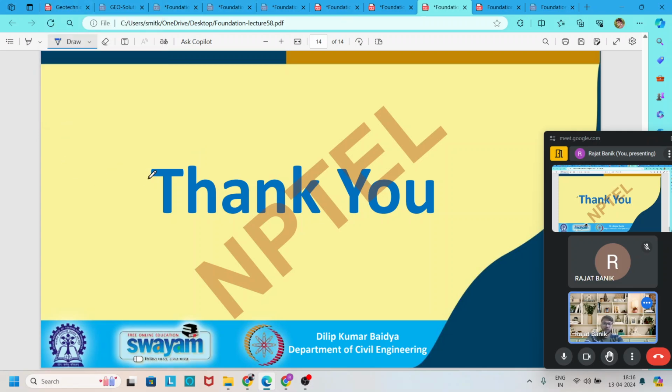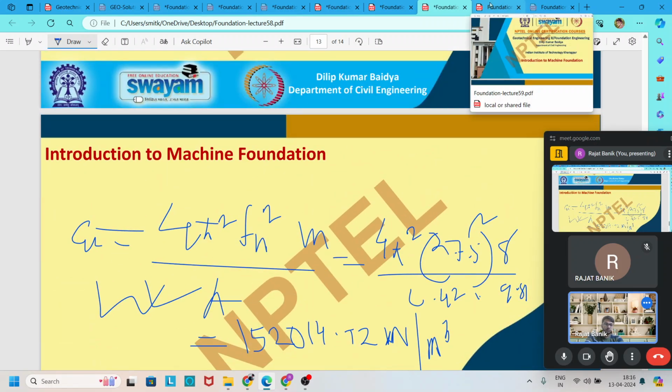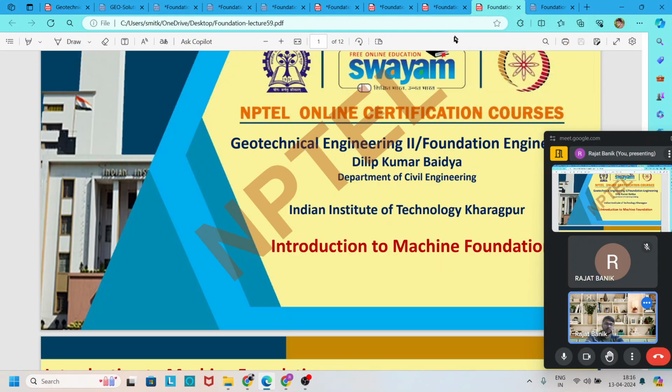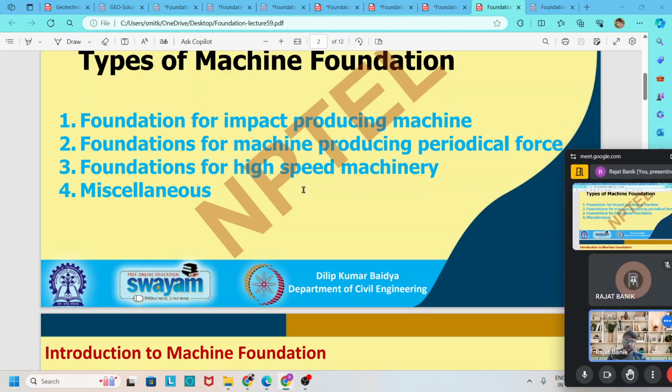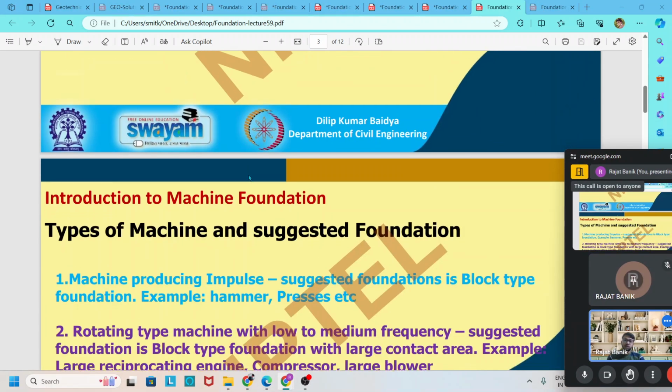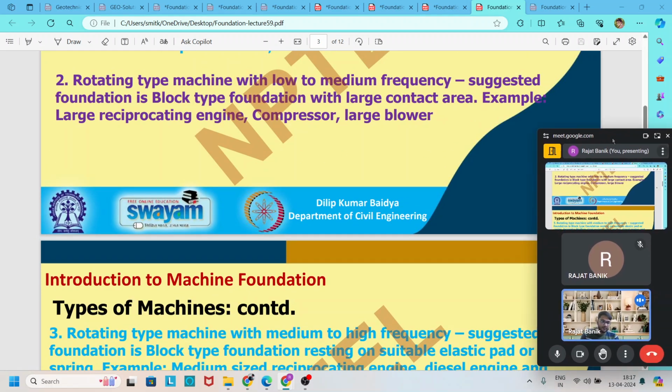Now moving to lecture number 58 or 59, which is regarding the different types of foundation and the different uses of this foundation. I think we are exceeding the time, so we have to stop here.